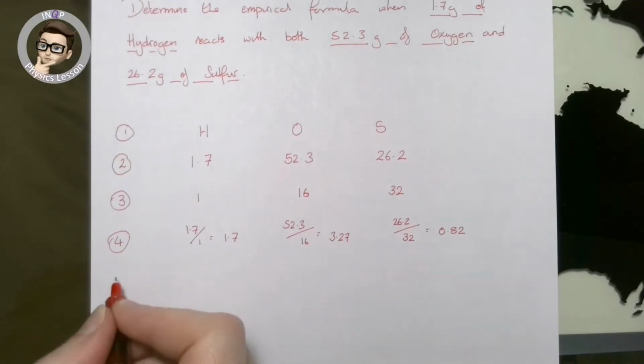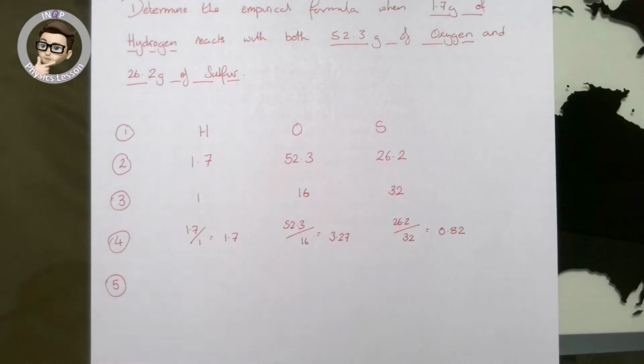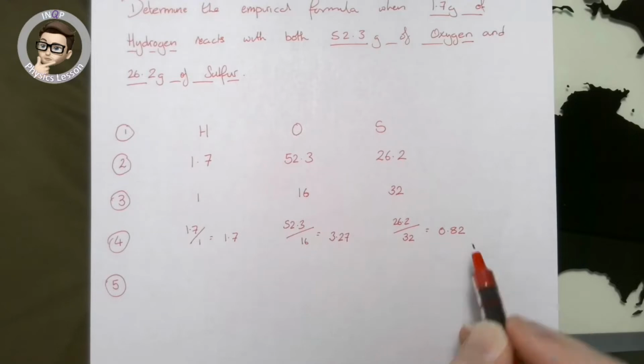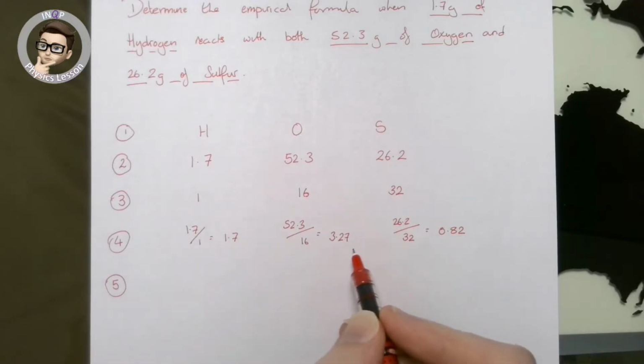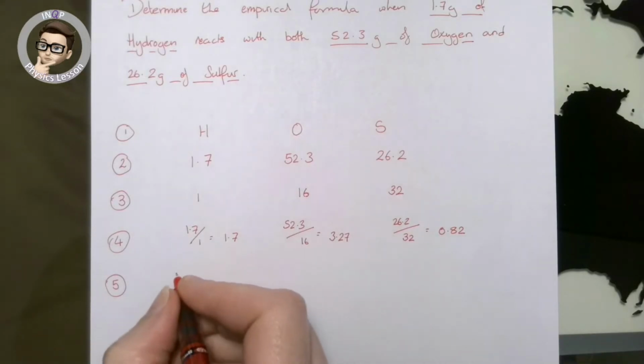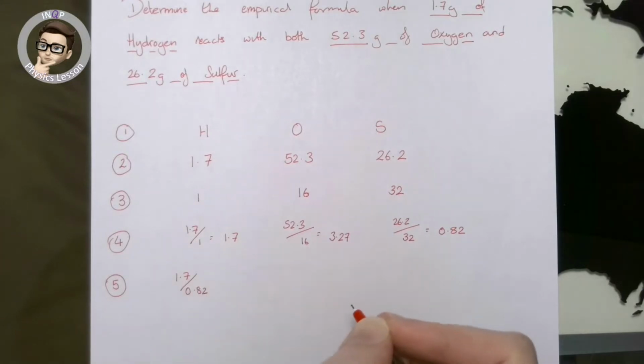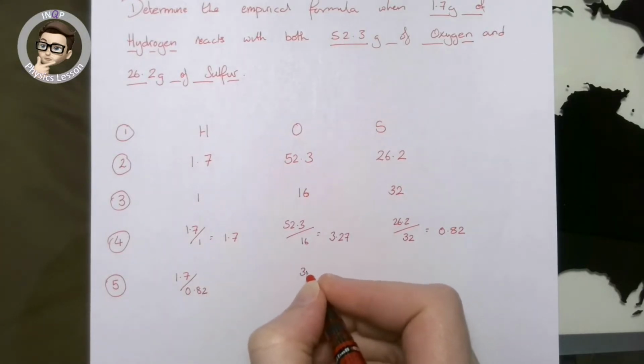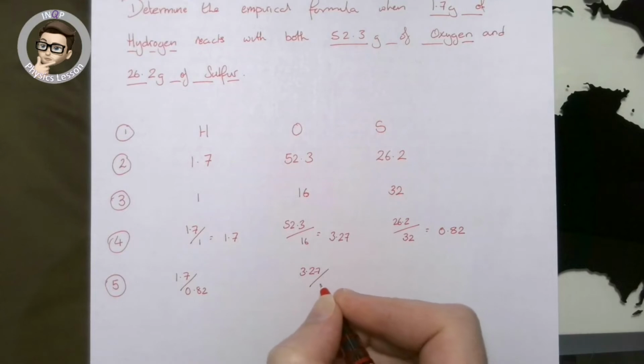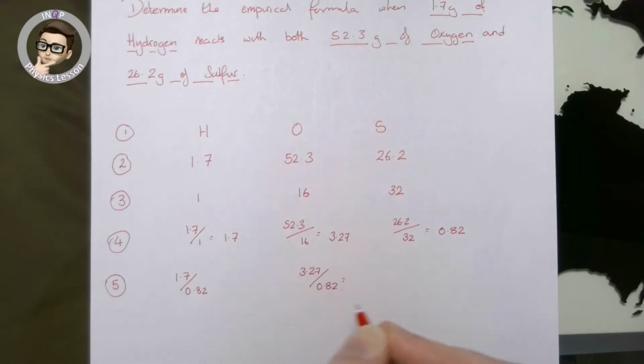So let's go to step 5. We're going to divide all of them by the smallest to get the simplest ratio. Well, the smallest is going to be our 0.82 here because it's smaller than 1.7 and 3.27. So I'm going to do 1.7 divided by 0.82. I'm going to do 3.27 divided by 0.82.